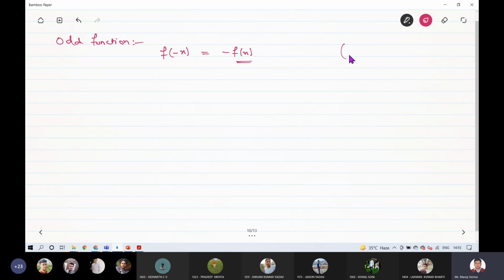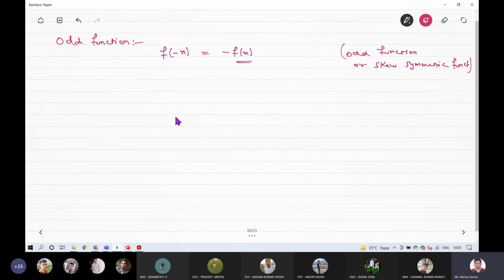Then the function is an odd function, also called skew symmetric.